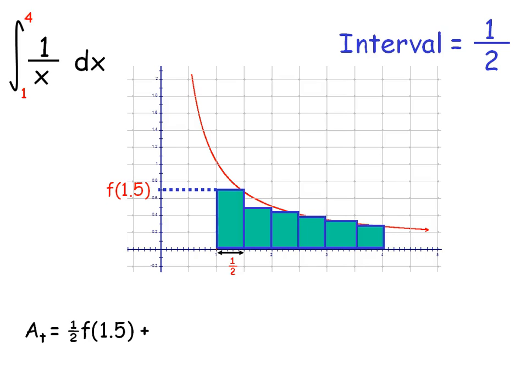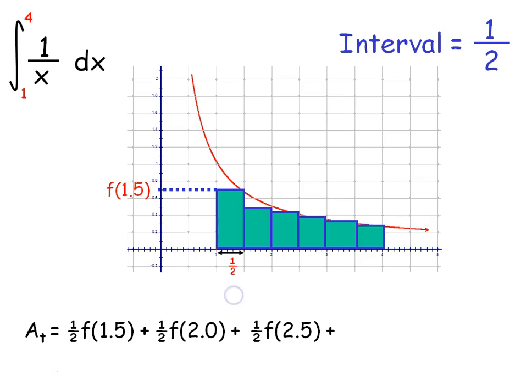The second rectangle goes from 1.5 to 2. At x equal 2, the right-hand corner of the rectangle touches the curve, so the next rectangle would be 1/2, the base, times the height, which is the function at 2.0.